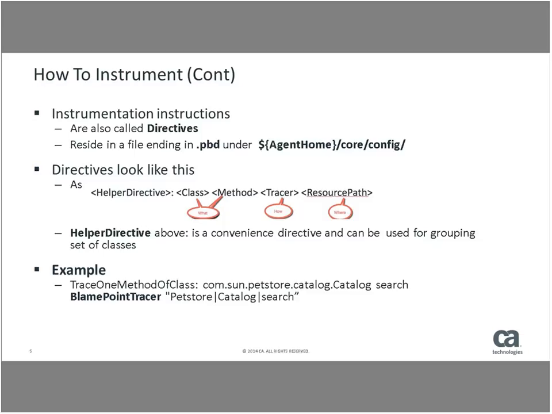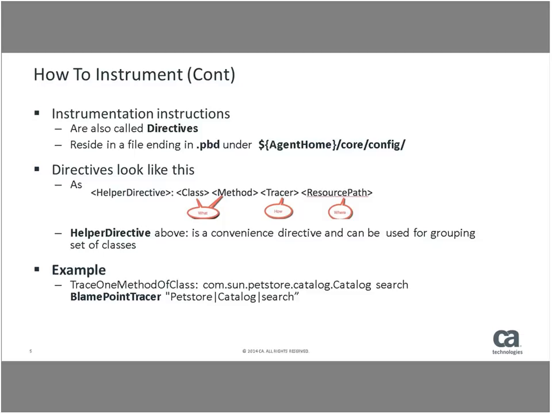Okay, so here is an example. The example over here translates to the one that you see in the middle. Basically it says the helper directive is trace one method of a class. That's the helper directive. And then you're saying instrument this particular package and this particular class using my blame point tracer.